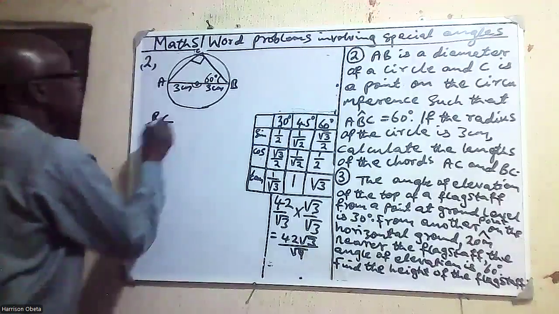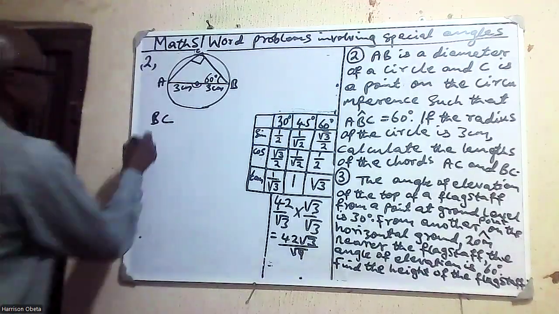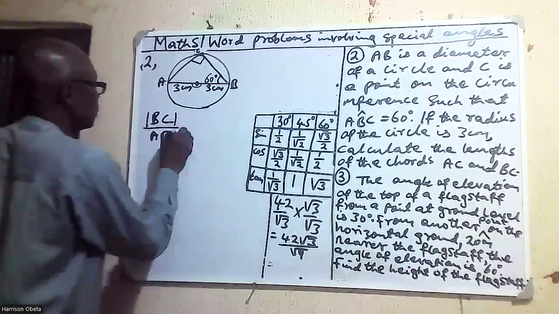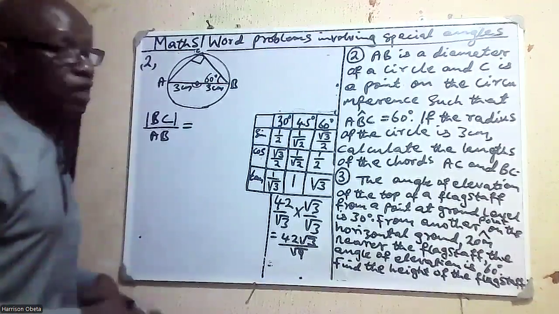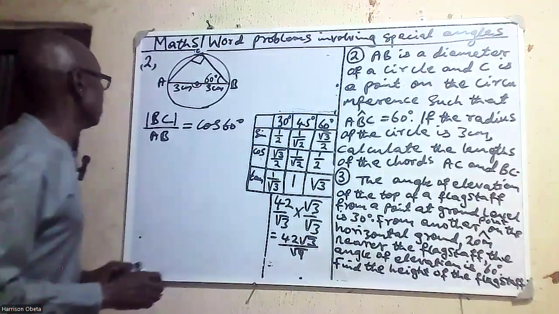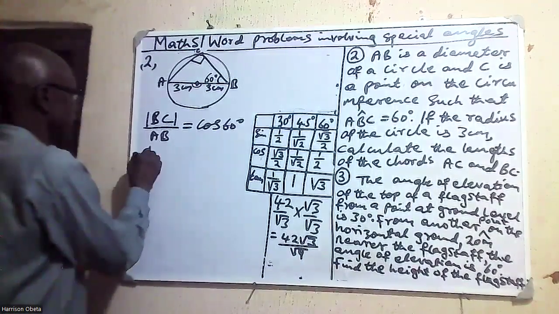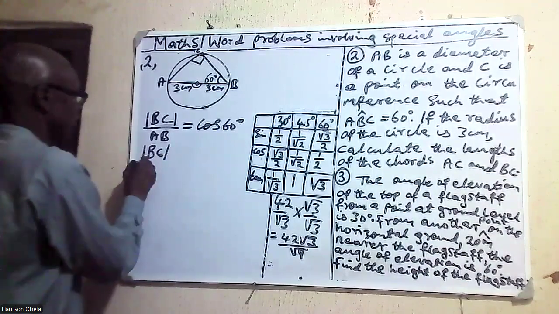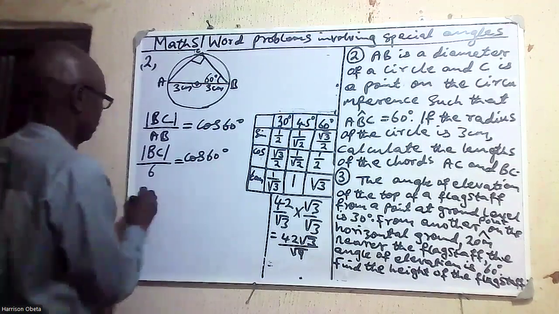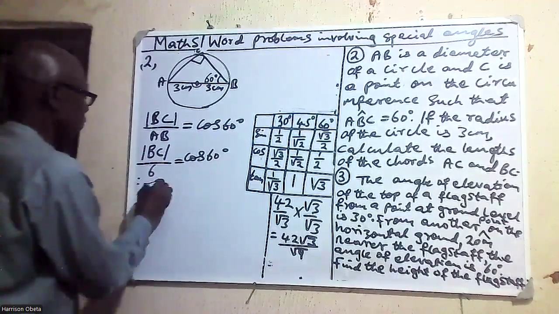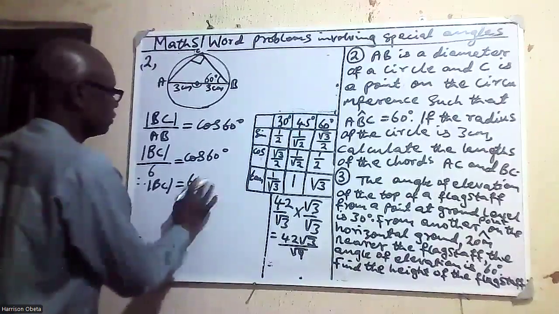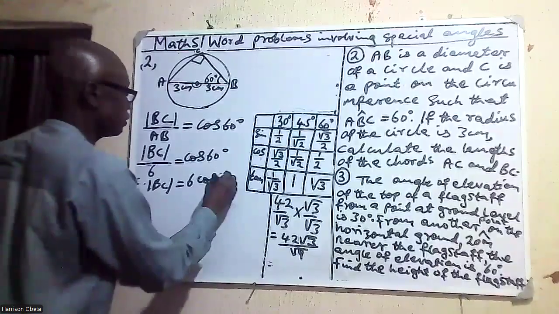So BC, which is adjacent, all over AB is equal to adjacent over hypotenuse is cos 60 degrees. And then that means that BC all over 6 is equal to cos 60 degrees. Therefore, BC is equal to 6 times, or sorry, 6 cos 60 degrees.